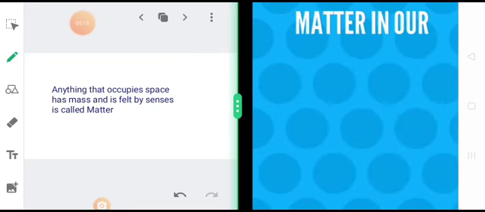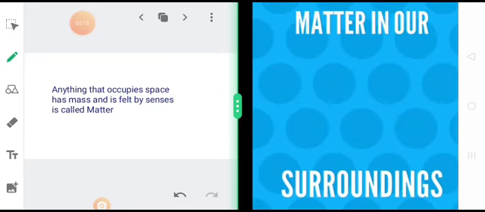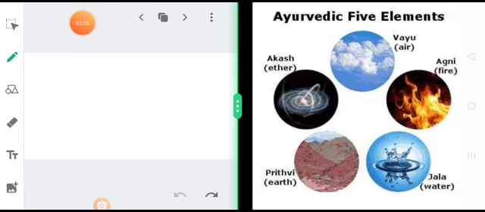Would you like to know what these five basic elements are? Now, these are the basic five elements: air, fire, water, earth, and sky, that you can see in the picture as ether, or as we know in Hindi it is called Akash.